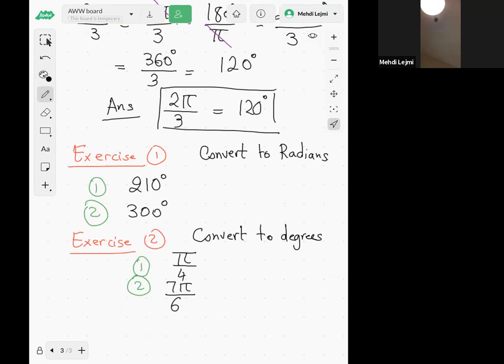I'm going to give you a couple of minutes to think about this. We need this relation between degrees and radians because you're probably more familiar with degrees, so it's good to know this relation.